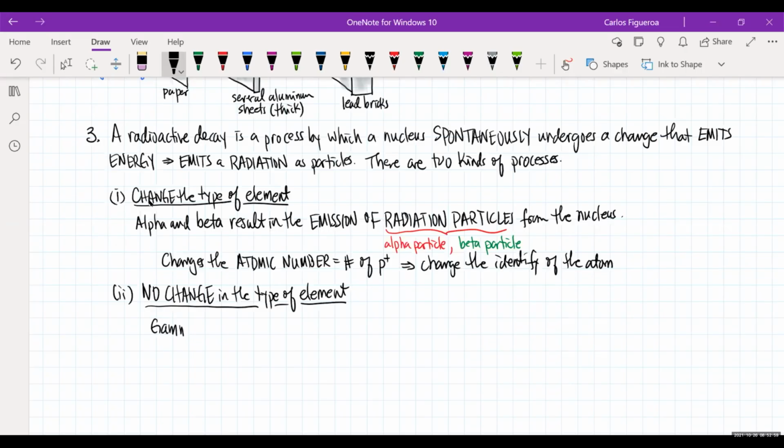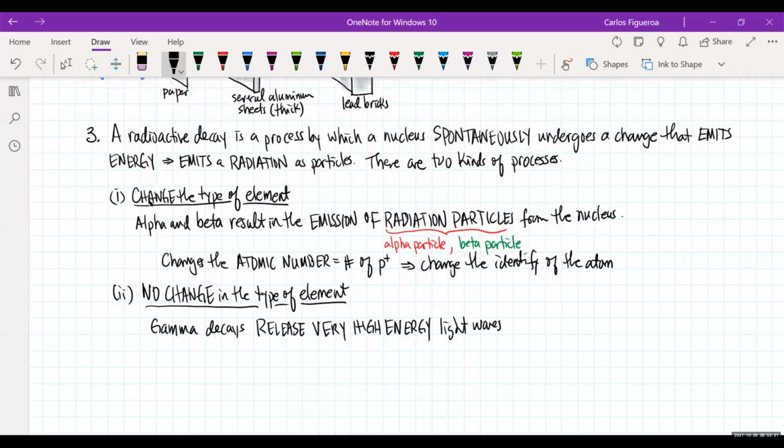Gamma decays release very high energy light waves.